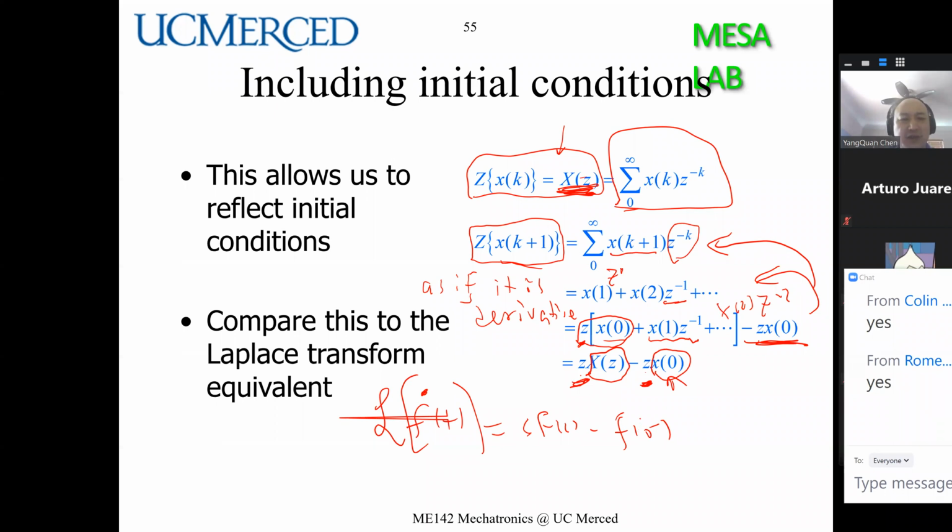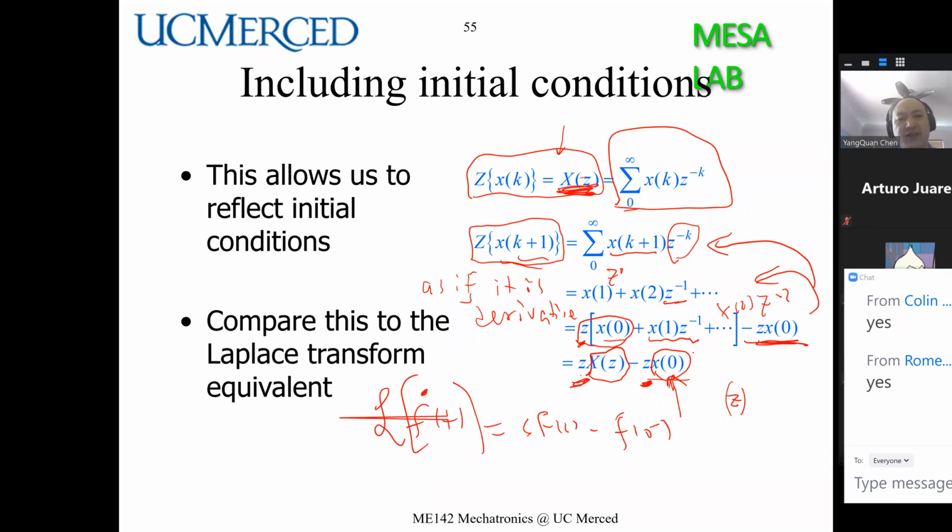In other words, yes, I know that Z is a shift operator, okay? But when you shift forward to k plus 1, you really need to be careful regarding x0.